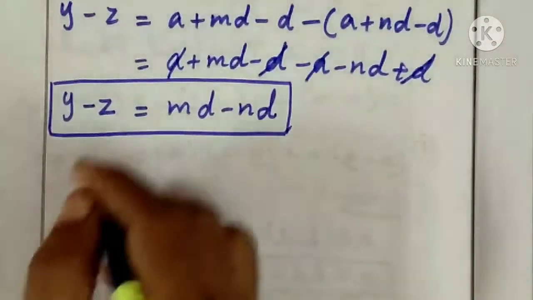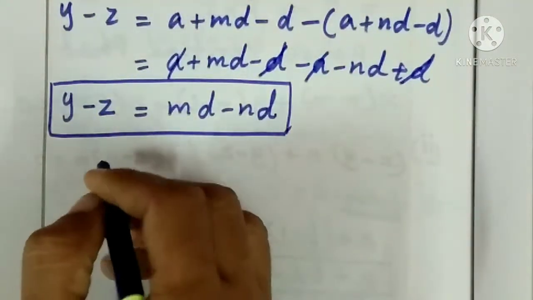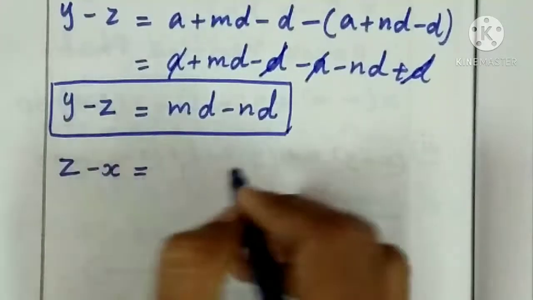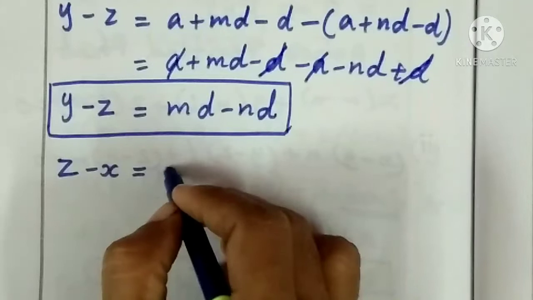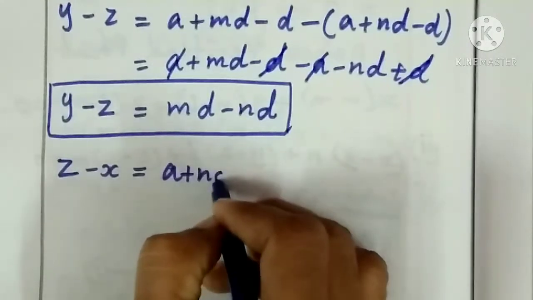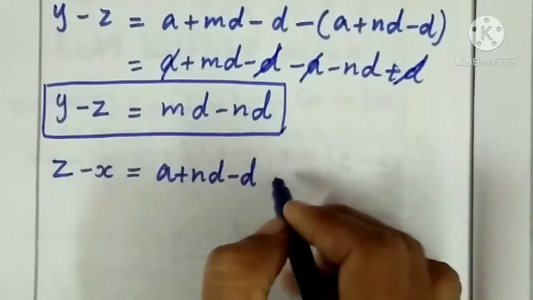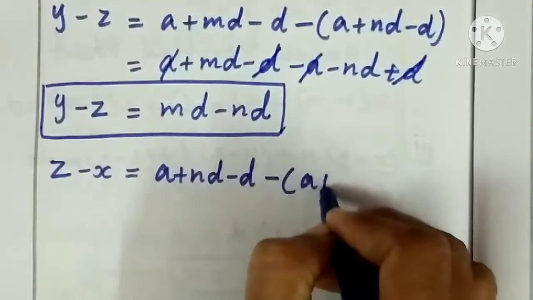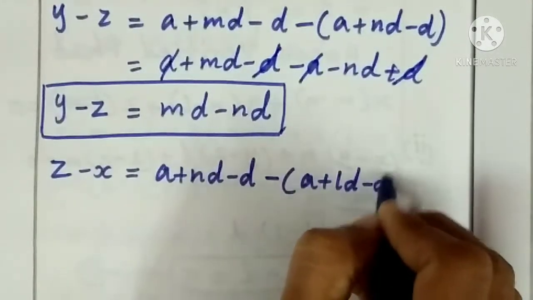Next you have to find z minus x, which is equal to z equation a plus nd minus d minus of x equation a plus ld minus d.